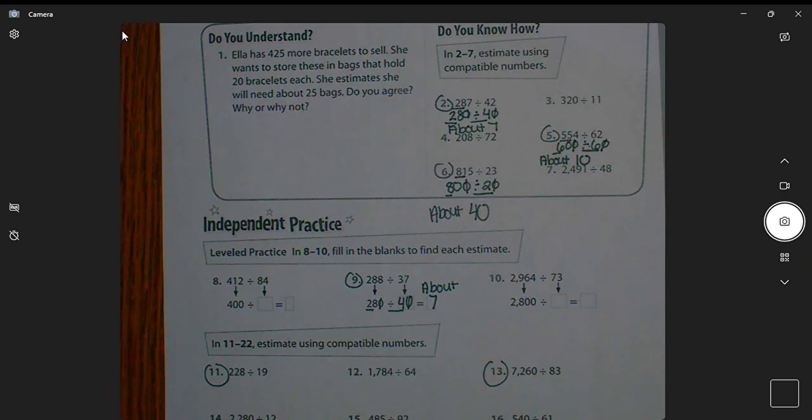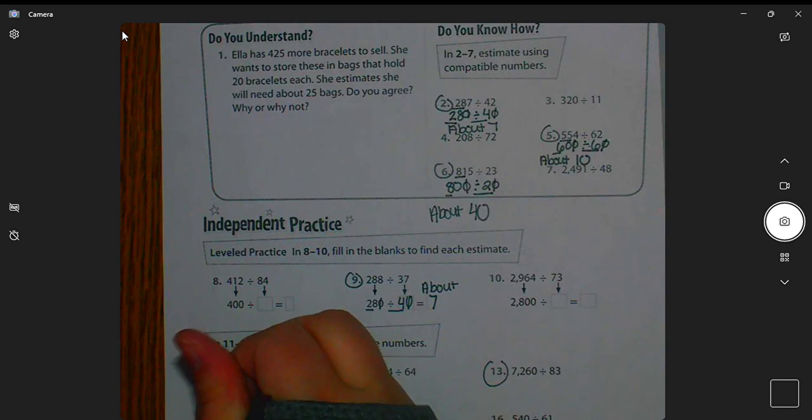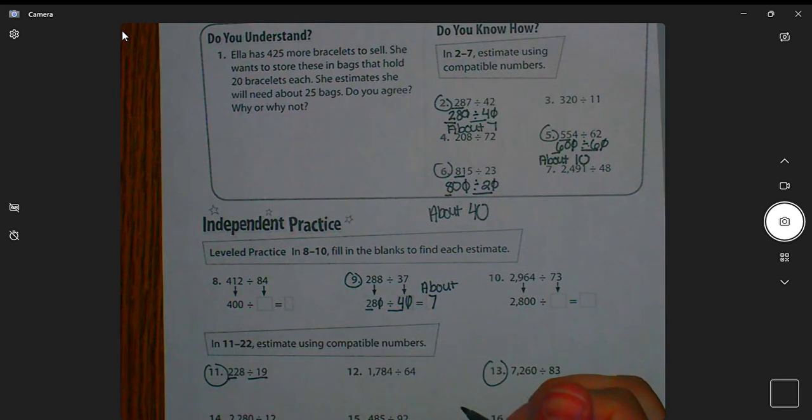228 divided by 19. I see the number 22 divided by 19. That is the basic facts that I see, but they don't work well. What do you think the 22 will become? Do you think it'll be 20? Yes.